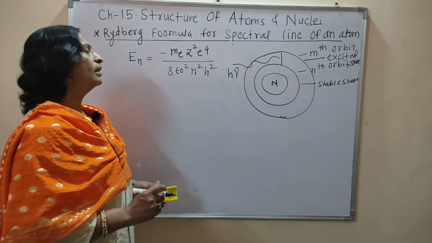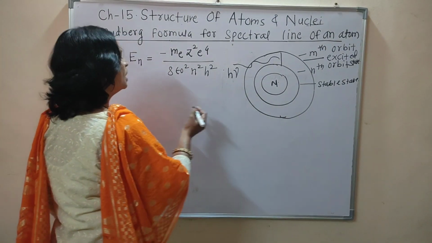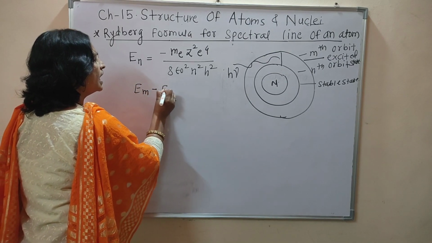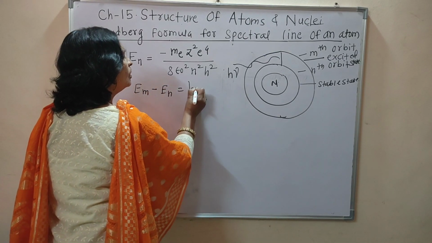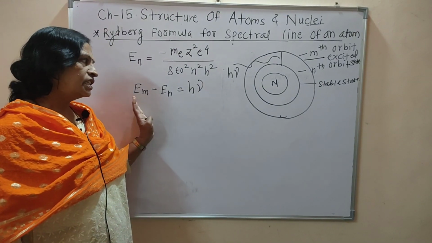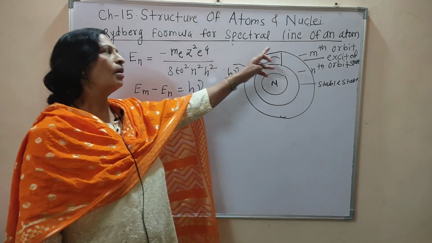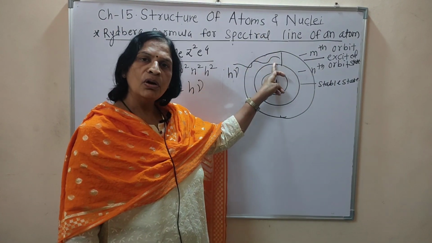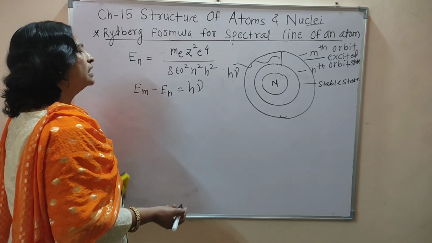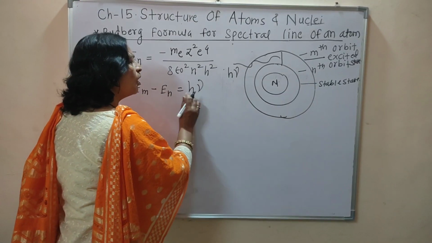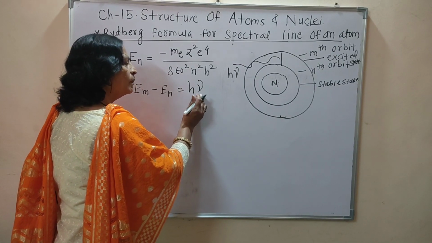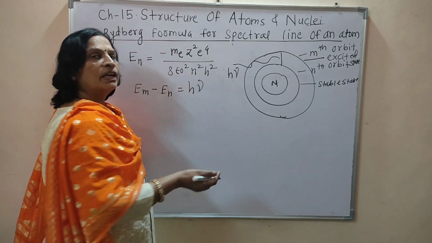And so, according to Bohr's third postulate, E_m minus E_n is equal to h mu. Understood? When there is a transition of an electron from higher orbit to lower orbit, at that time the energy radiates in the form of energy of a photon, and energy of photon is given with the help of the formula h mu.